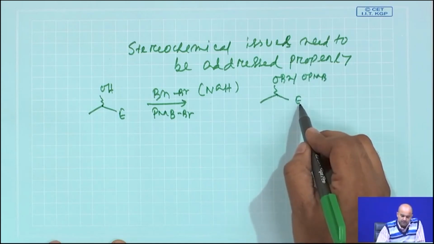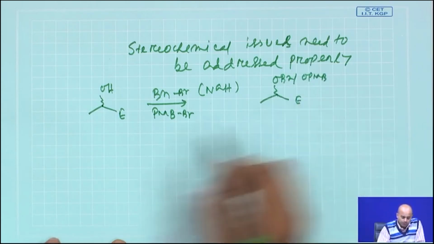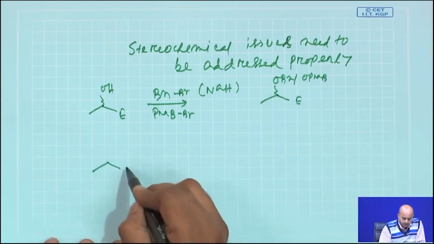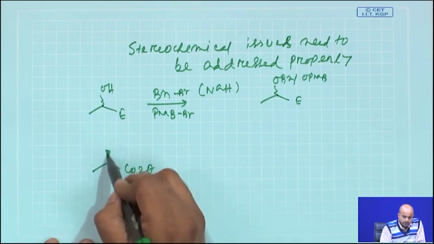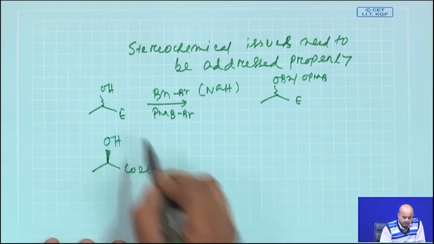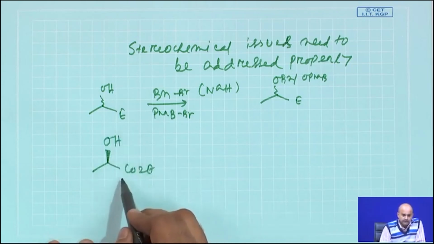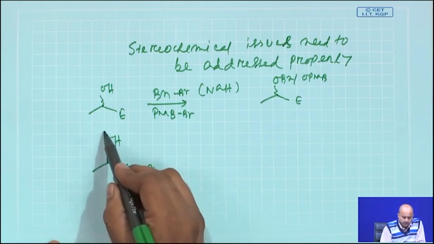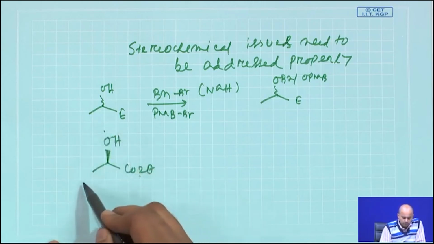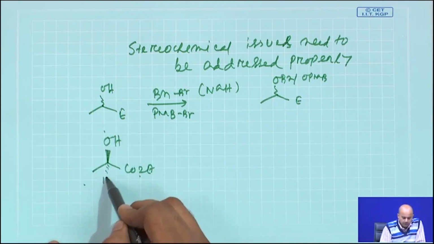Now, group E, we haven't specified what kind of group this is. I am giving you a compound whose structure is basically ethyl lactate, and the stereocenter is given as 1, 2, 3, with hydrogen on the back side.